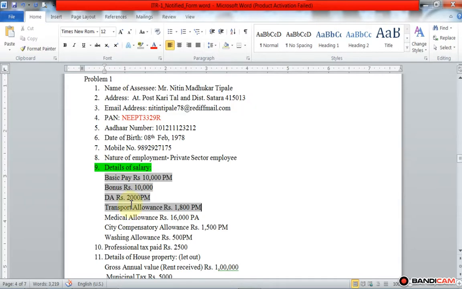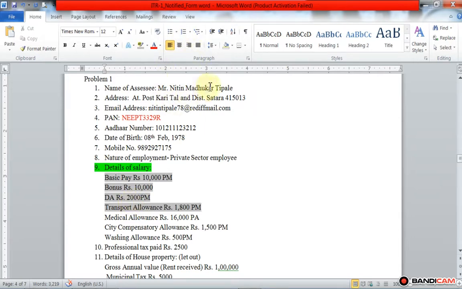Salary includes basic pay, bonus, DA, commission, and all taxable allowances. So here transport allowance is fully taxable for a normal assessee. Normal assessee means those assessees who are not orthopedically handicapped.